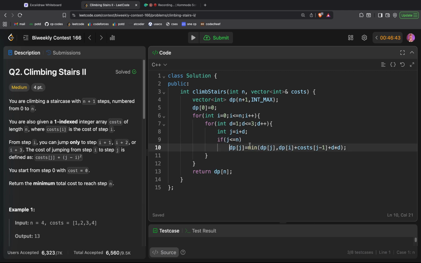The dp of j should be the minimum of the already computed value and the value you get going from dp of i. The reason for j minus 1 is that cost is one-indexed and you need it in zero-indexing.